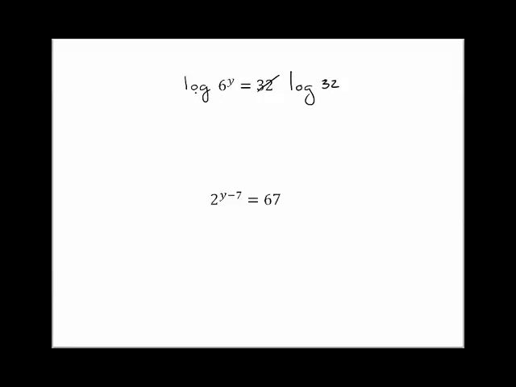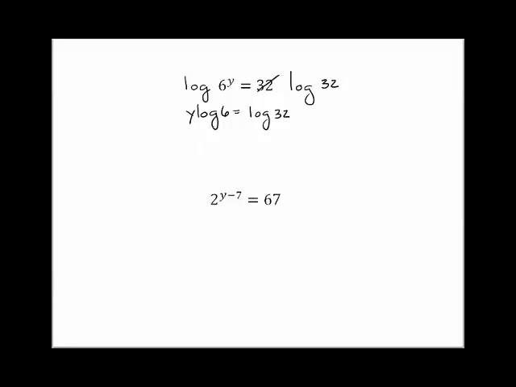But if you remember, when we had an exponent inside a log, we could bring that exponent out to the front of the log and make it a multiplication. So now we can rewrite this as y log of 6 equals log of 32.